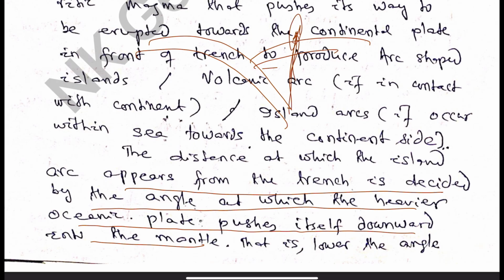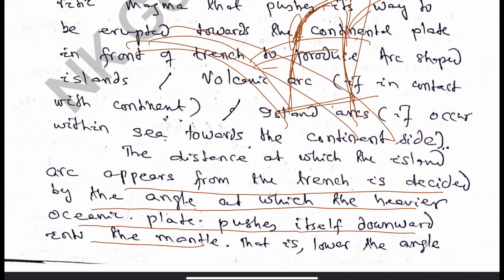Here the arc will be produced. If it is in this manner, then it will be here. Same depth, it will be here. So lower the angle, higher is the distance of the island arc from the trench.